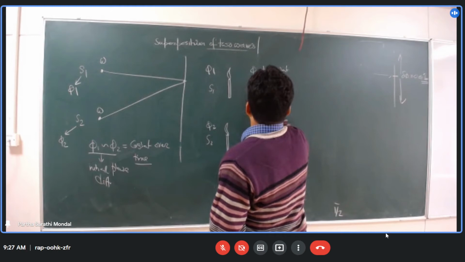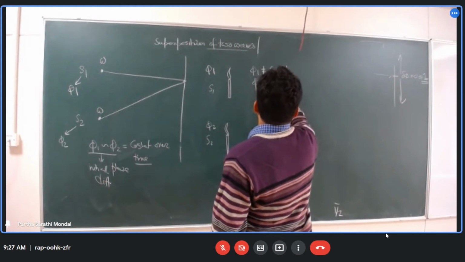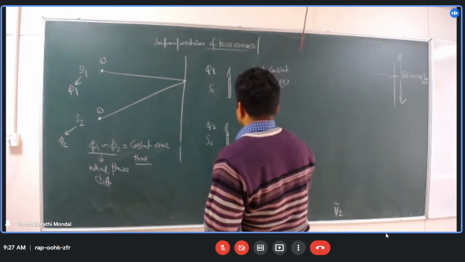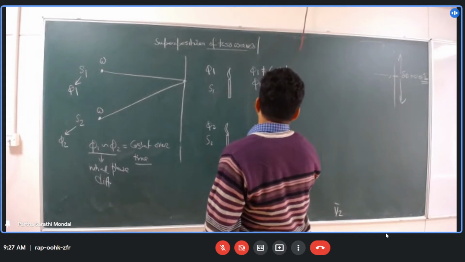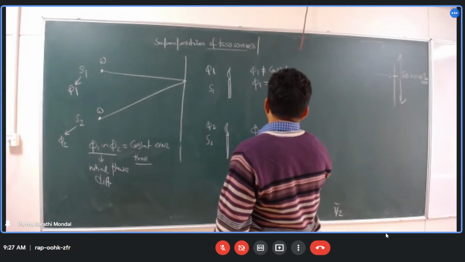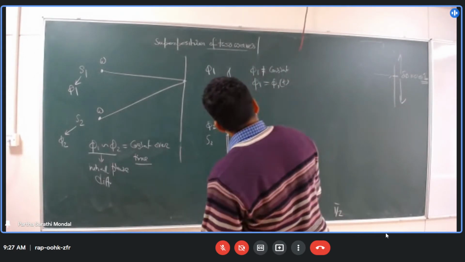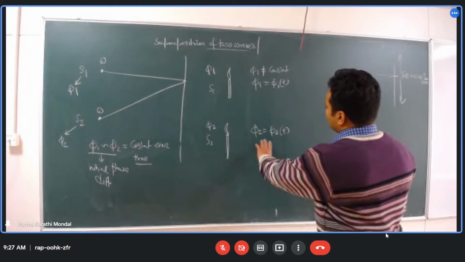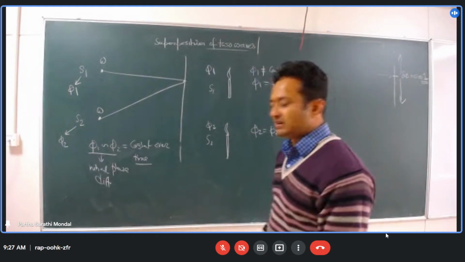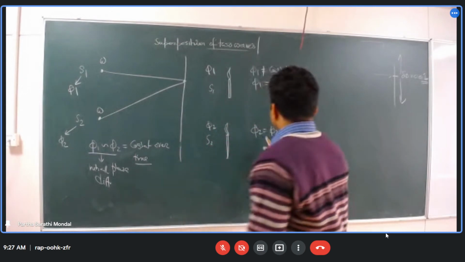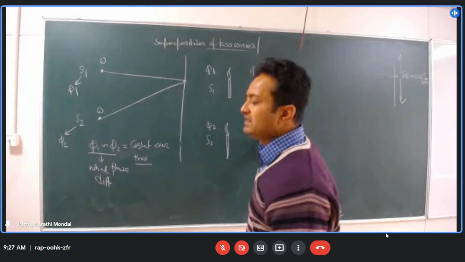Okay, phi1 is also a function of time. Similarly phi2 is also a function of time. So that means two independent sources are not coherent in nature because their initial phase constant नहीं है.